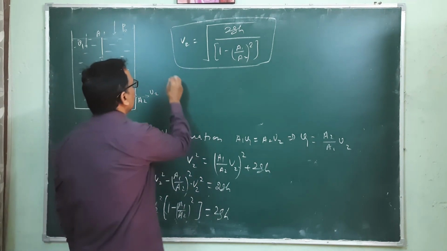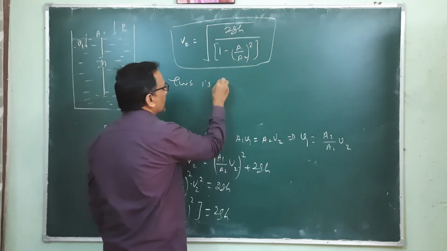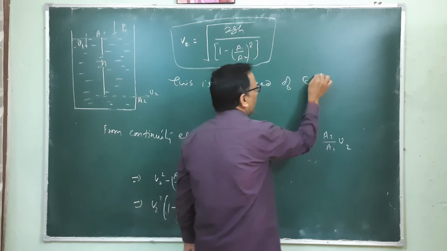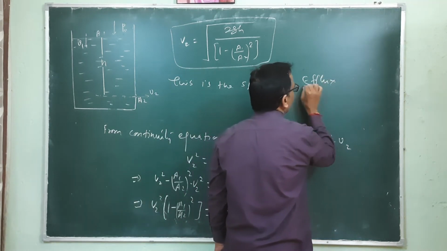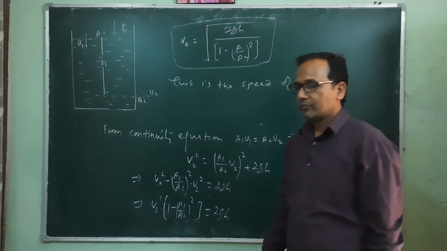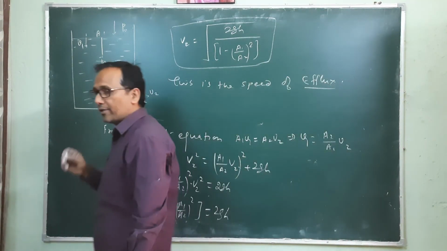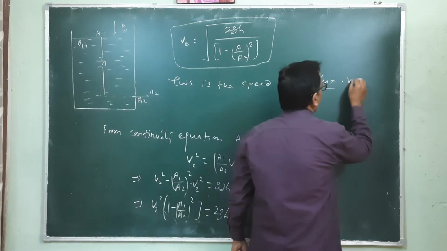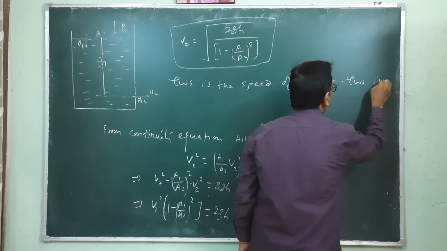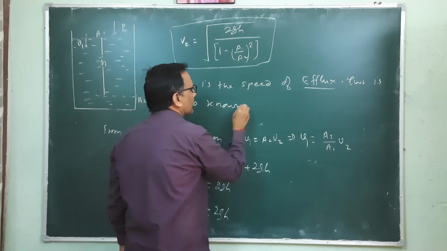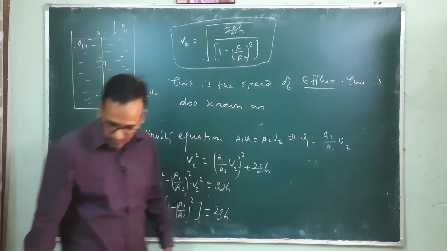This is the speed of efflux. So the speed of efflux, the calculation you can perform here, and this is also known as Torricelli's principle, Torricelli's law.